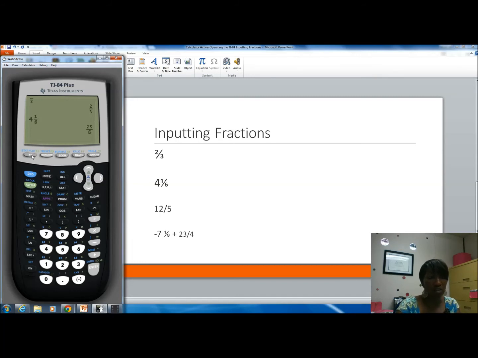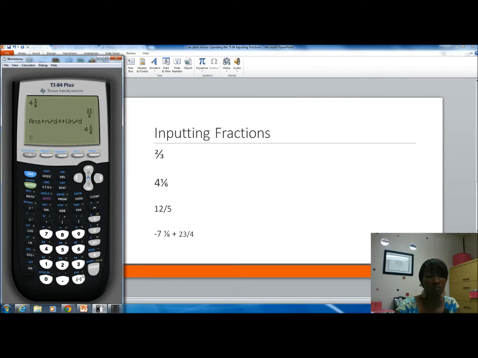Let's go second y equals, and I'm going to look at number 3 this time. So because I did not input another number in, it's automatically taking the last answer that I typed, and it's going to take that simple fraction and convert it to a mixed number. And there we have 4 and 1/6.